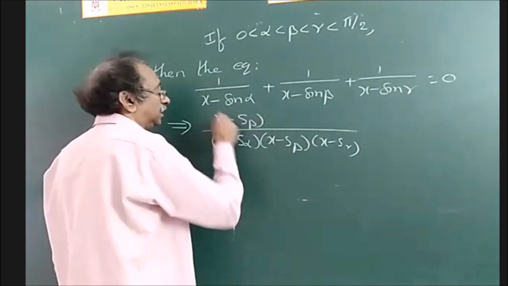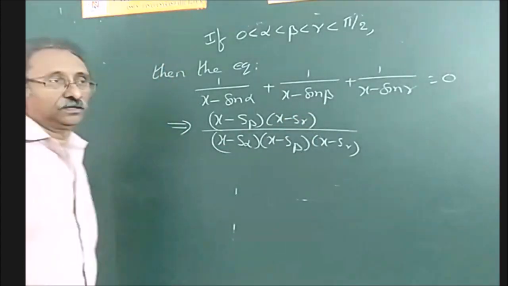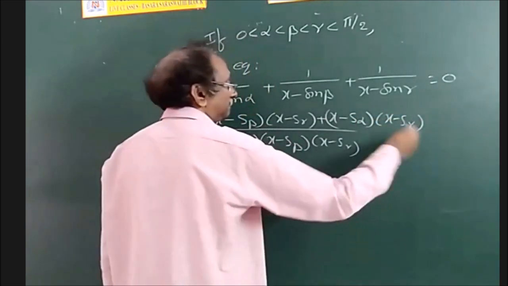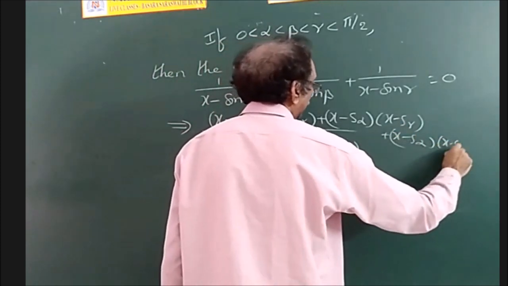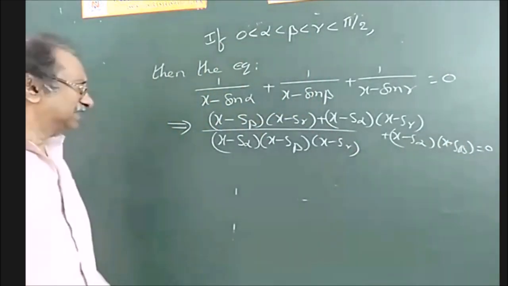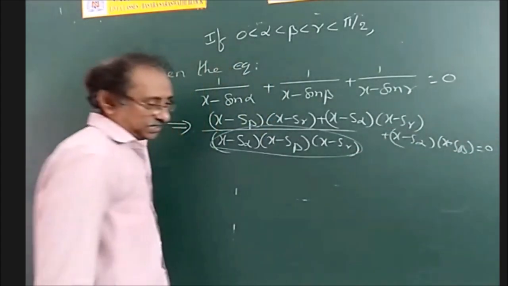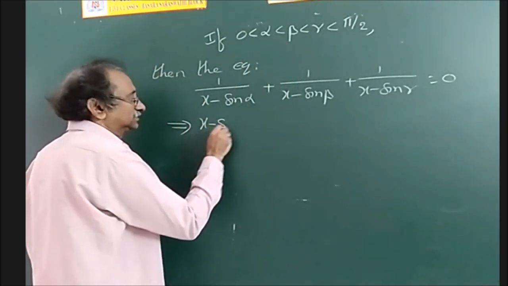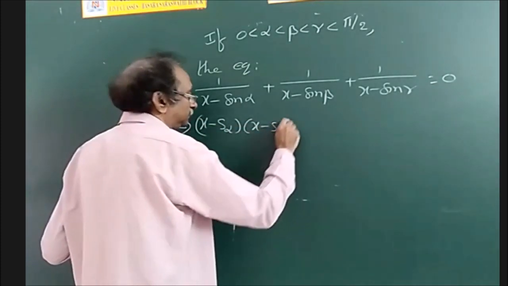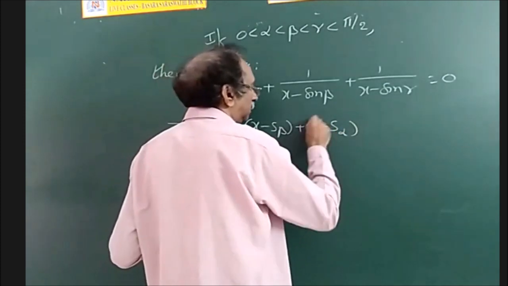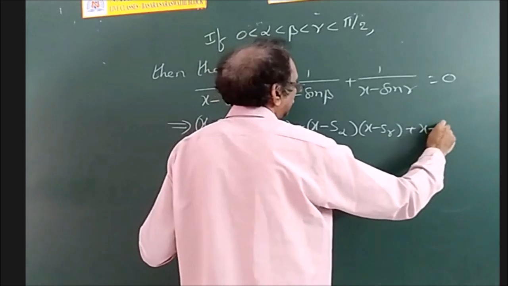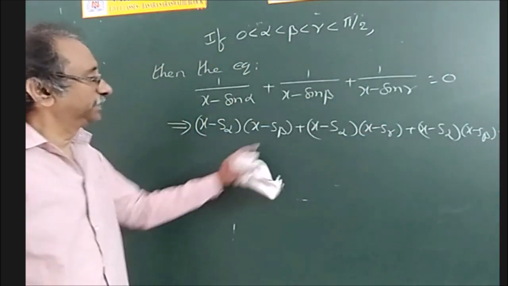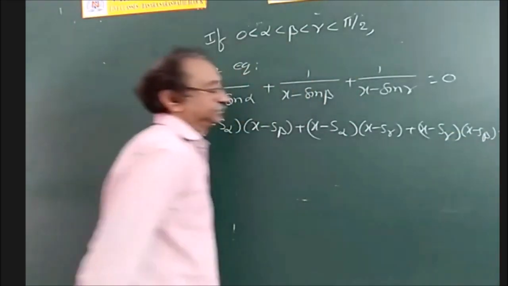X minus sin beta into x minus sin gamma, plus x minus sin alpha into x minus sin gamma, plus x minus sin alpha into x minus sin beta is equal to 0. By cross multiplication, this into 0 becomes this, and therefore I can write this statement neatly instead of this. Simply I can write it like this.